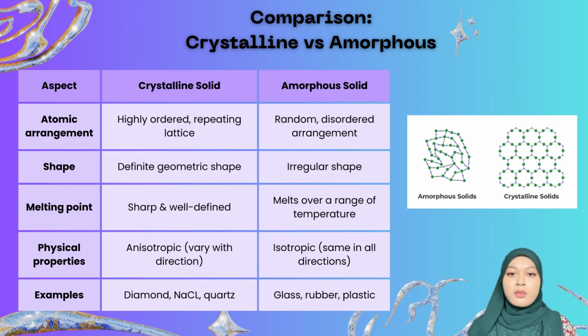In contrast, amorphous solids do not melt at a single temperature, but soften over a range of temperatures. For physical properties, crystalline solids are anisotropic, meaning their properties vary with direction. Amorphous solids are isotropic, so their properties are the same in all directions. Finally, examples of crystalline solids include diamond, sodium chloride, and quartz, while examples of amorphous solids are glass, rubber, and plastic.